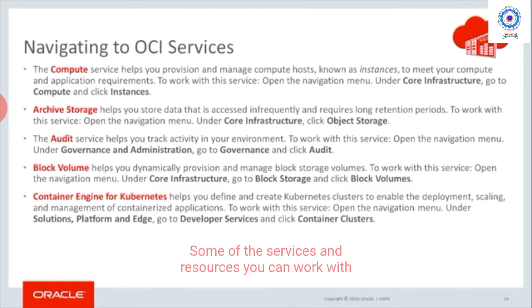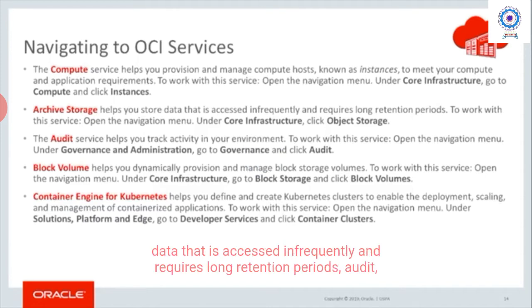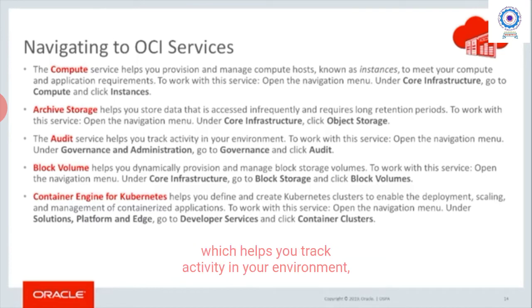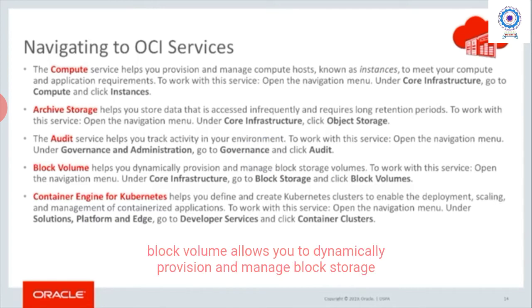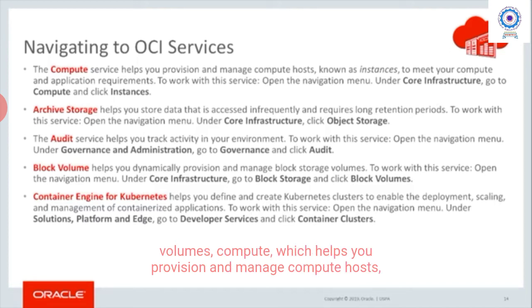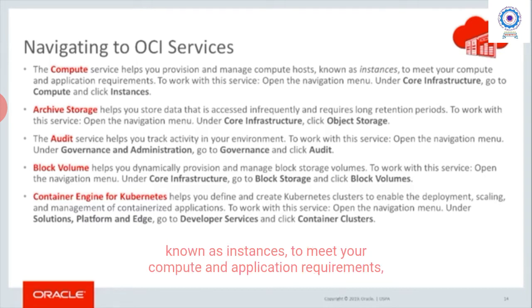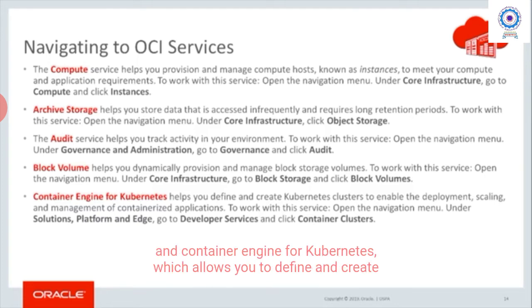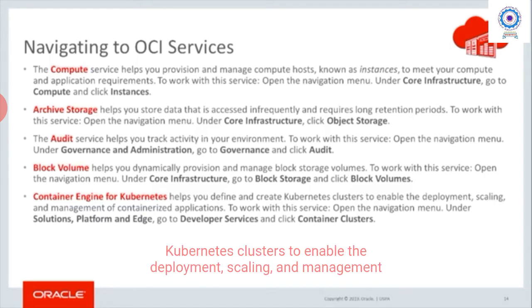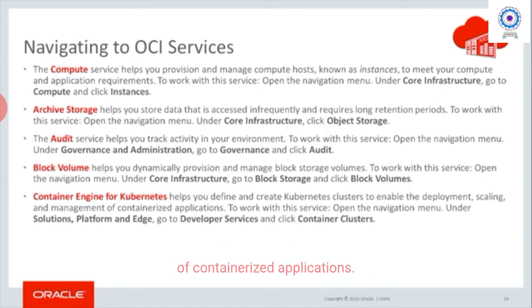Some of the services and resources you can work with include archive storage, to help you store data that is accessed infrequently and requires long retention periods, audit, which helps you track activity in your environment, block volume, which allows you to dynamically provision and manage block storage volumes, compute, which helps you provision and manage compute hosts, known as instances, to meet your compute and application requirements, and Container Engine for Kubernetes, which allows you to define and create Kubernetes clusters to enable the deployment, scaling, and management of containerized applications.